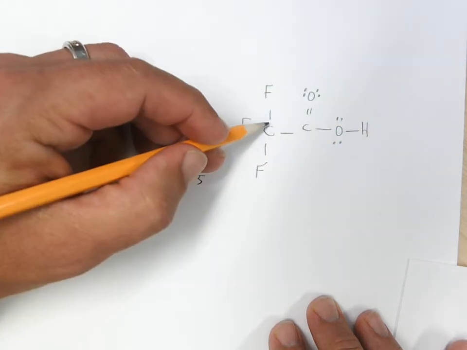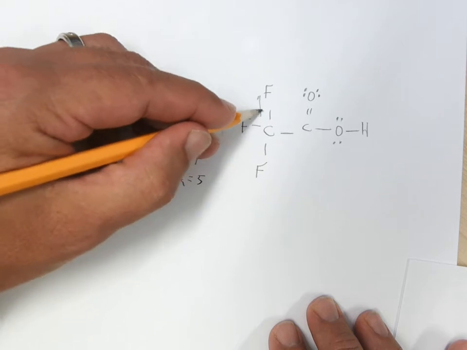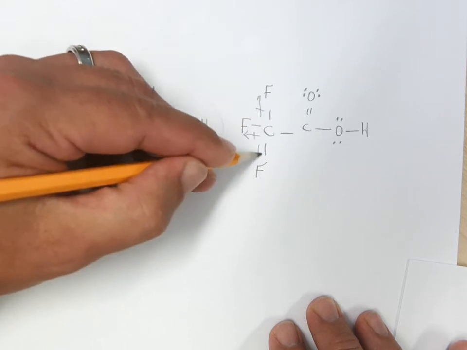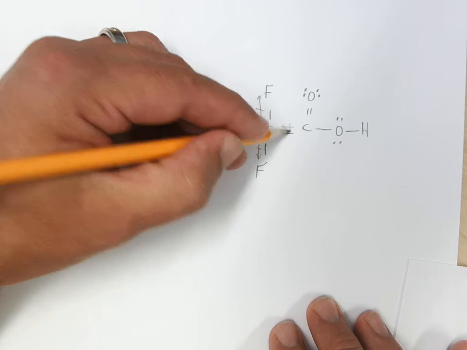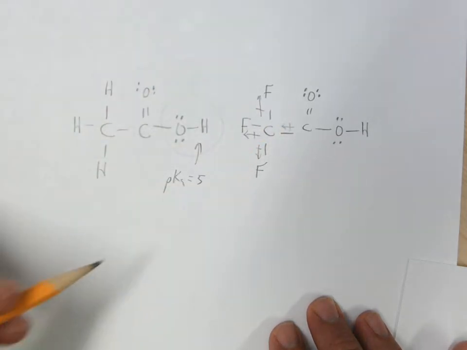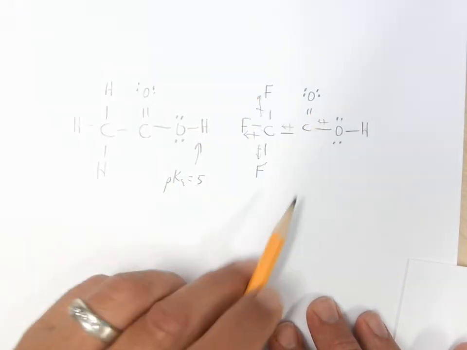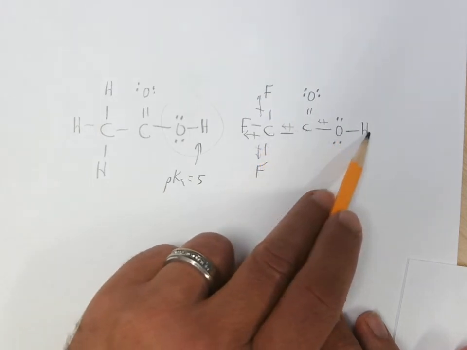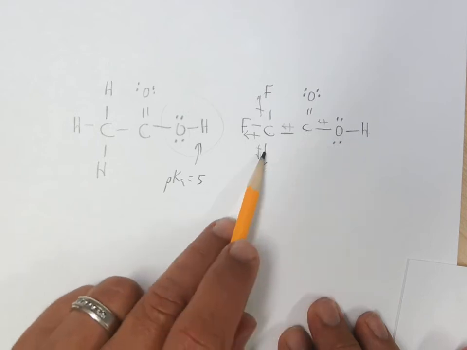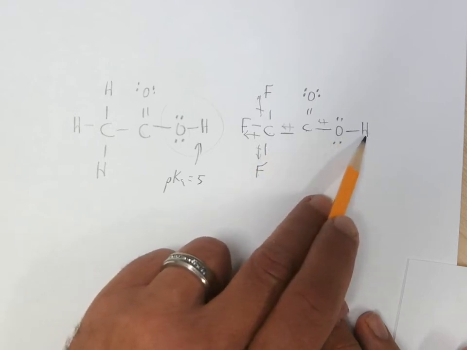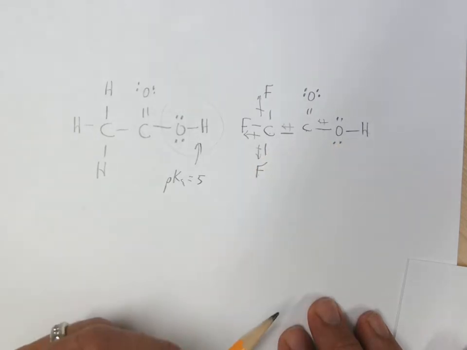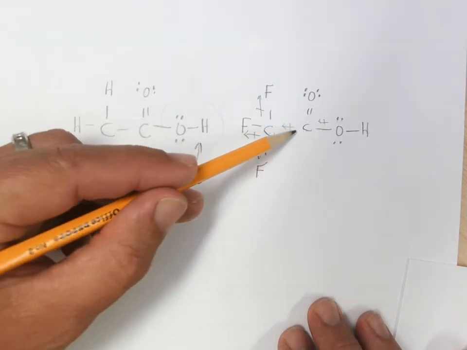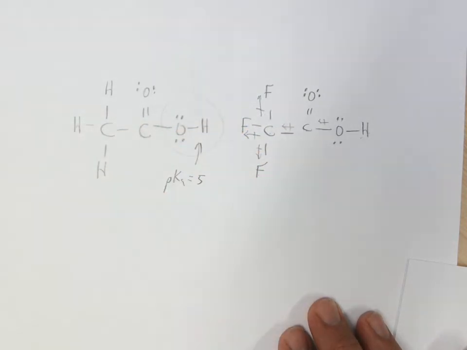then these fluorines are going to draw electron density away from the carbon, which then is going to in turn draw some away from the other carbon. And you'll notice this is a much less of an effect because this fluorine, its pull is not going to be felt so great 1, 2, 3, 4 bonds away from this hydrogen, but it still is overall going to move electron density away from this hydrogen, making it more delta positive or more acidic.